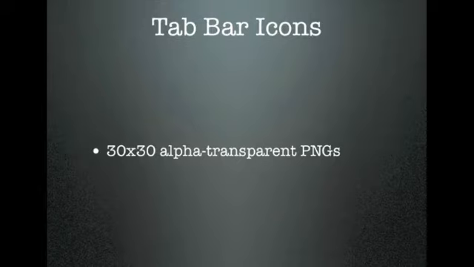And it needs to be an alpha transparent PNG. So basically there's only an alpha channel. And the reason is the iPhone OS is actually going to apply a gradient for you, both in the unselected and selected state. So when you're looking at one of these icons in, say, Photoshop, it's just going to look like black and transparent.